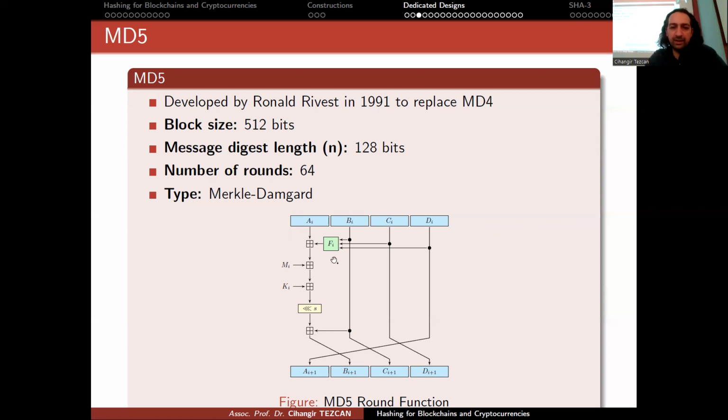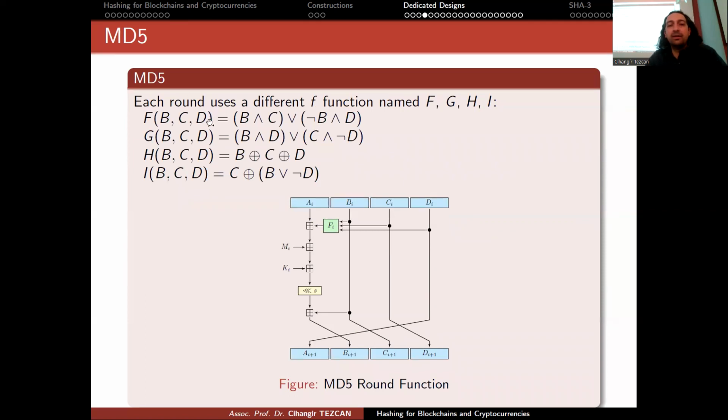So I told you that I haven't mentioned what F is. It takes three inputs, three 32-bit values, B, C, and D. For the first 16 rounds, what happens is as follows: B and C, or not B and D. In the following 16 rounds, this F function acts like this: B and D, or C and not D, and so on.